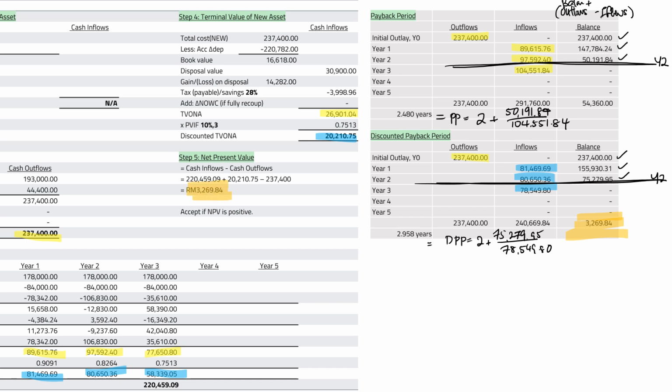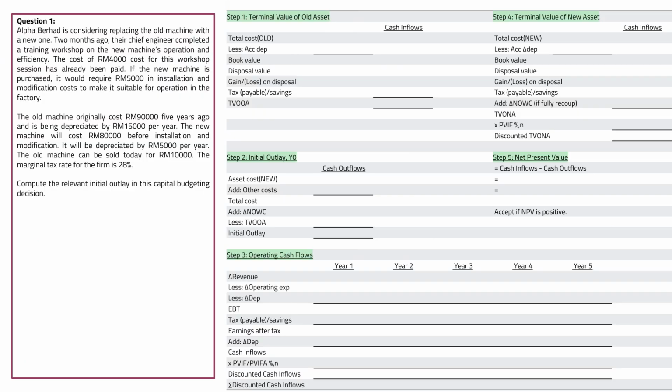So if you have any doubts and you want to check your answer, just juxtapose these two figures and see if you get the same. It should actually be the same. Alright, let's go on to the next slide. In this question, we're only required to compute until the initial outlay, so we don't do steps 3, 4, 5.